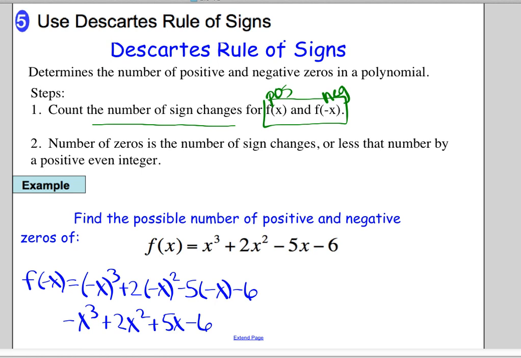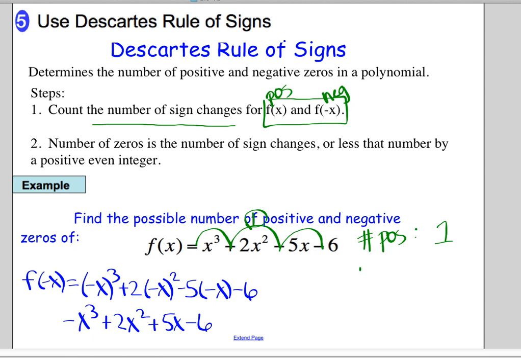So let's go ahead and look at f of x, and we'll find the number of positive zeros first. If I look at f of x, we go from a positive to a positive, and then a positive to a negative. That would count as one sign change. Now we go from negative to negative, so the total here is one sign change.